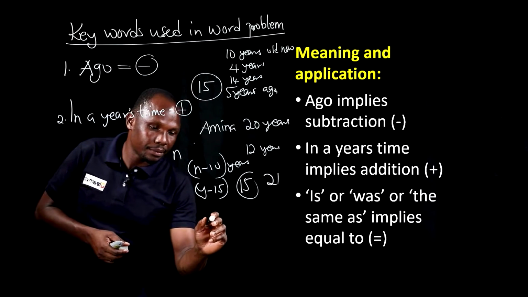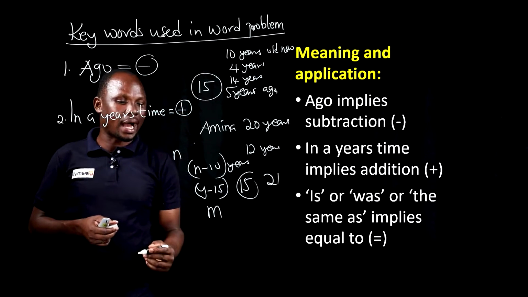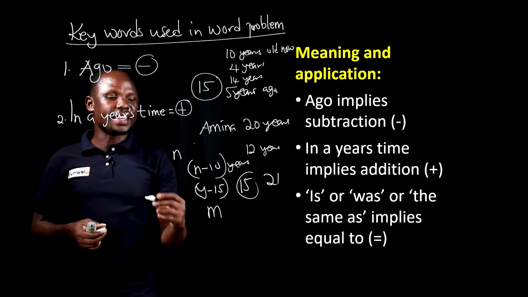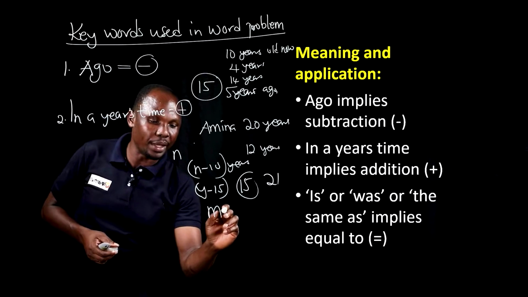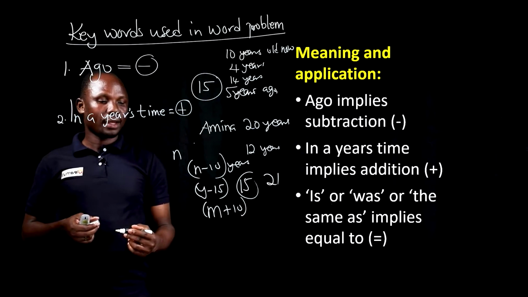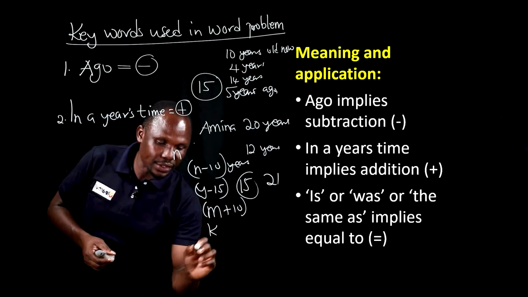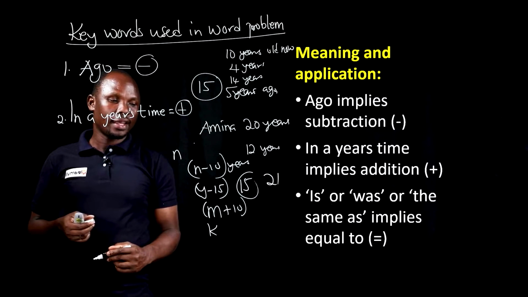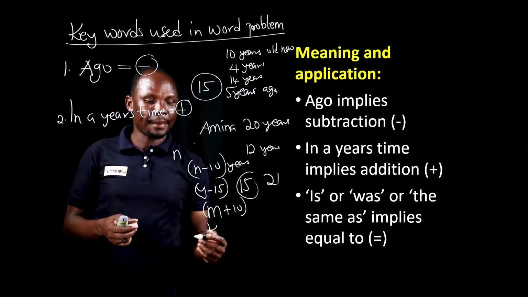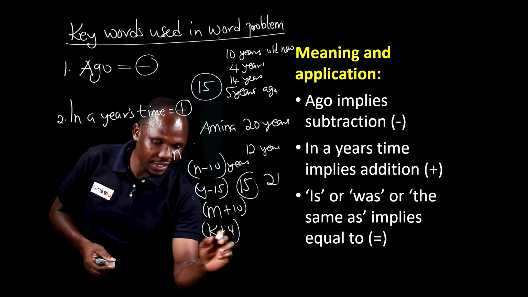If Tete is m years old now, in 10 years' time, Tete's age will be m plus 10. If Amina is k years old now, in 4 years' time, Amina's age will be k plus 4 years.